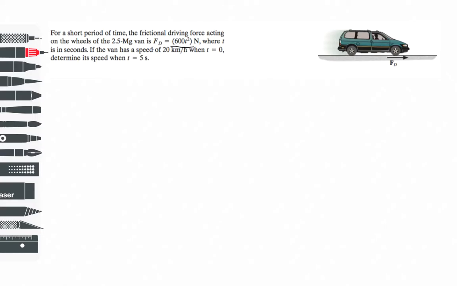So we know the fundamental equation. It says the initial momentum plus the sum of all impulses is equal to the final momentum. In this case, we're going to be analyzing it only in the x direction, so we're only interested in the forces acting in the x direction.